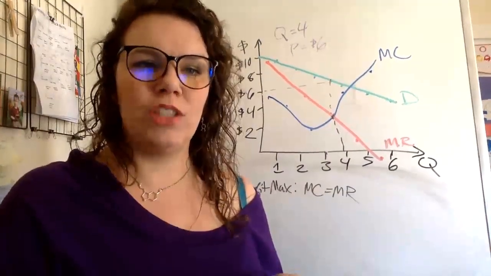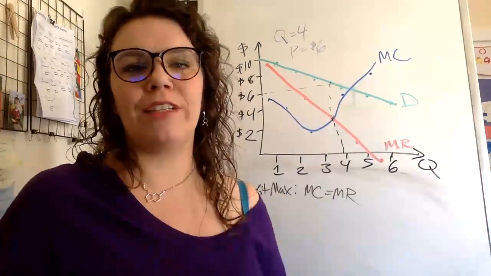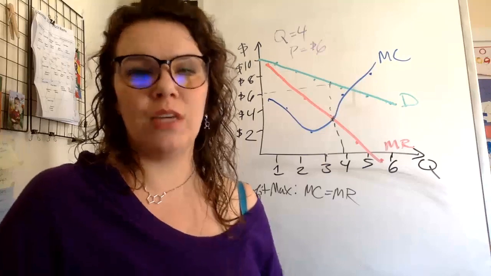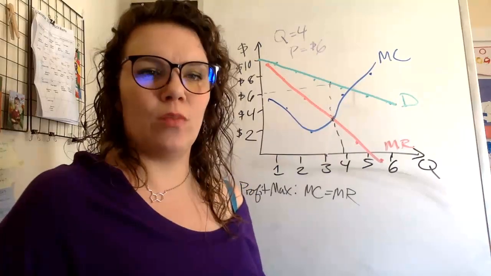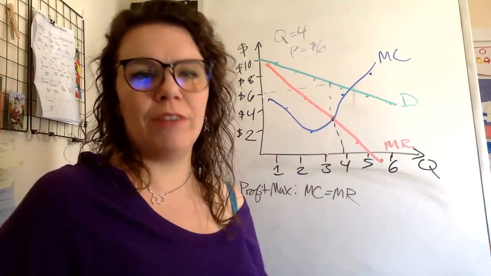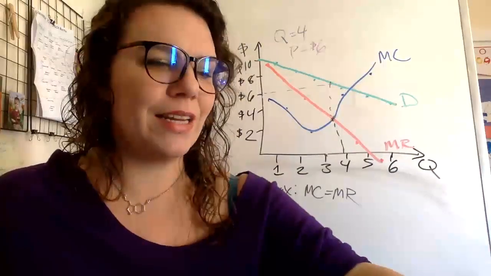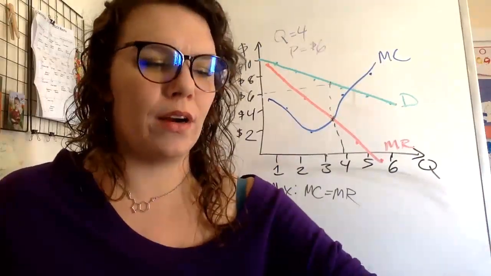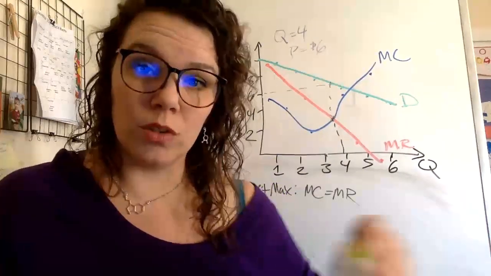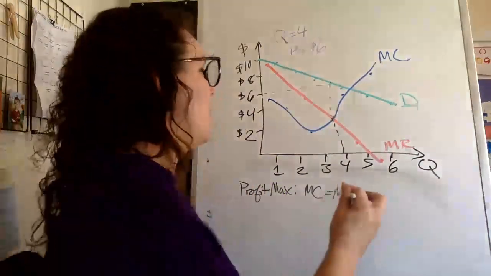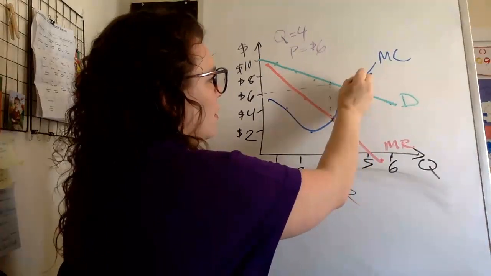The last question, part D, asks what the perfectly competitive market would do in the long run equilibrium and where that firm would produce. So if this market was perfectly competitive and in long run equilibrium, we would expect them to produce where marginal cost is equal to demand. And so that would be here.